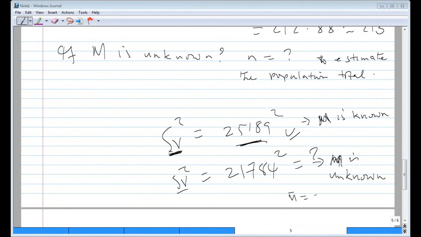So in that case, we ended up estimating it. But here we just use the total and without estimating anything. But here we use this one because M is unknown and we didn't even estimate it. I don't know whether it's clear whatever I'm explaining there.